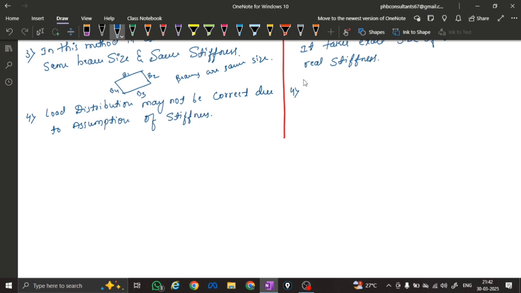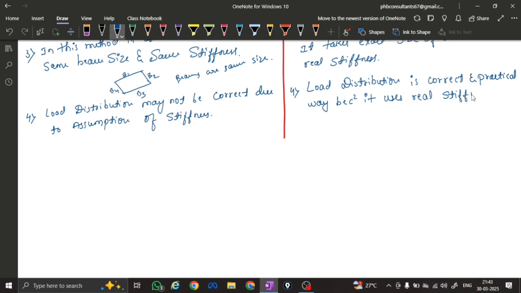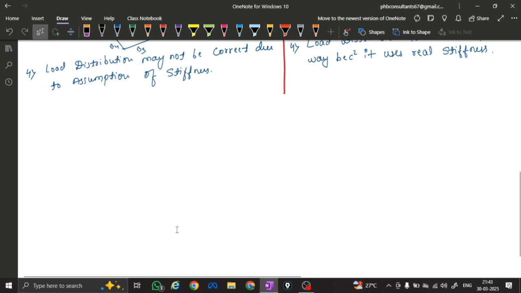In shell element, we can say here load distribution is correct and practical way because it uses real stiffness.